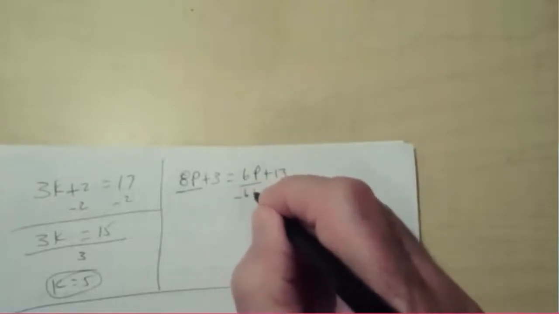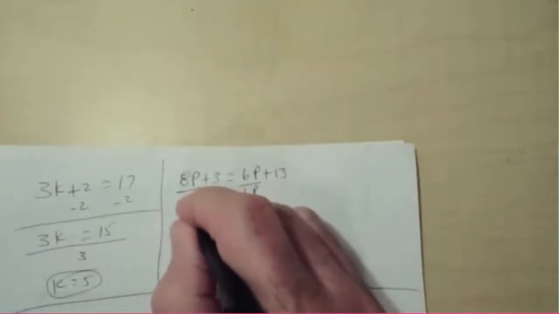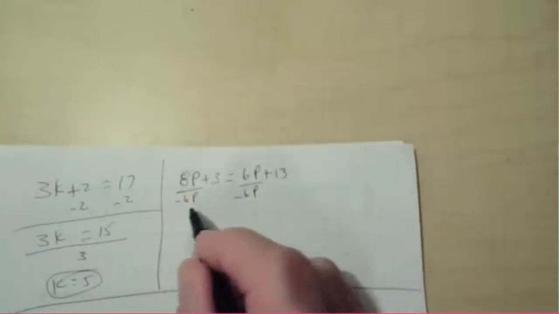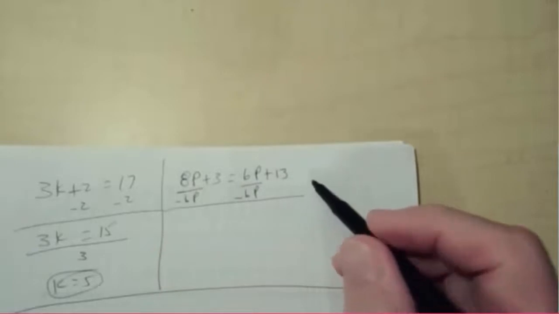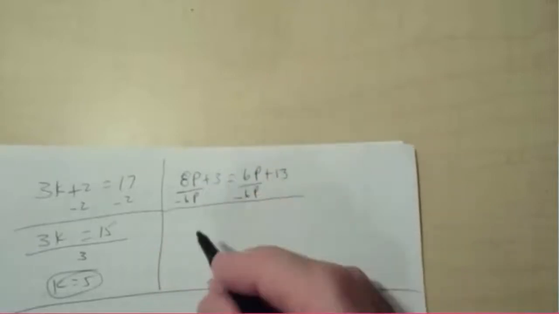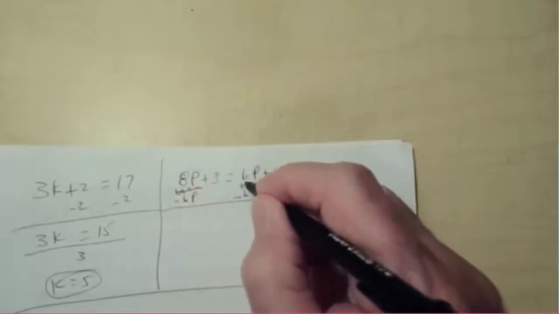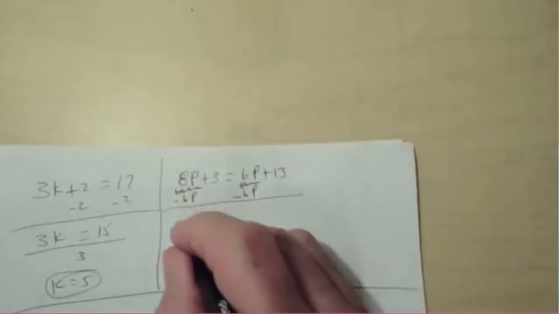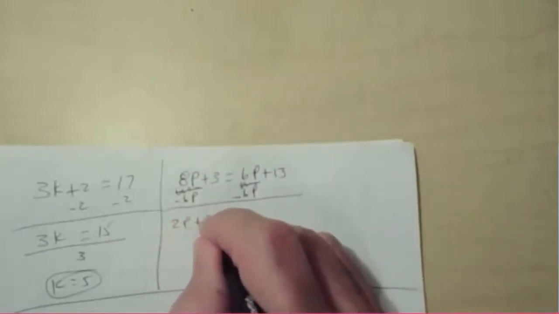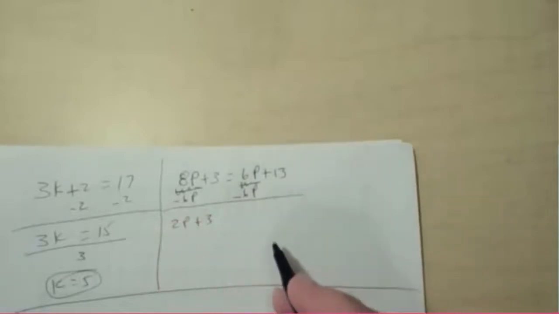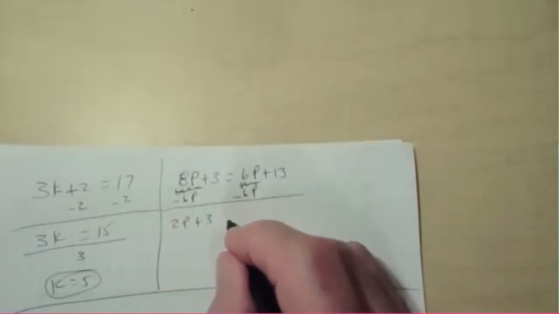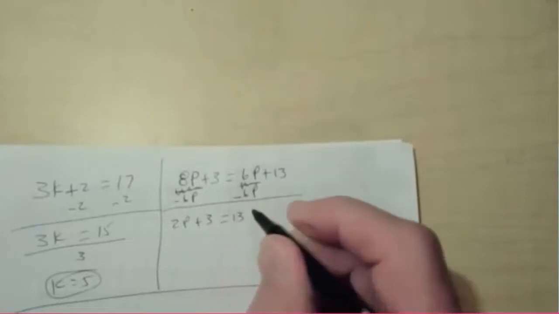So subtract 6p. Remember, any number minus itself is 0. 8p minus 6p is, remember this is not division, I was just underlining, 2p plus 3 equals 13.